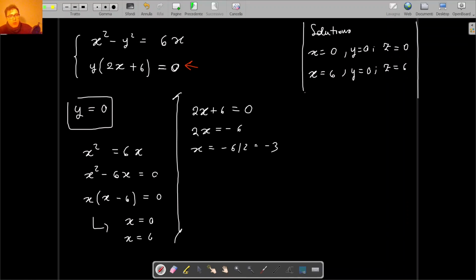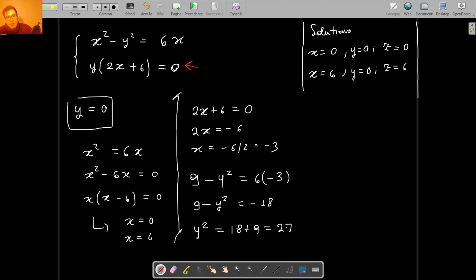We have minus 3 squared, it gives 9, minus y squared is equal to 6 times minus 3. Okay, and this is 9 minus y squared is equal to minus 18. So now we have y squared, which is equal to 18 plus 9, which equates to 27.